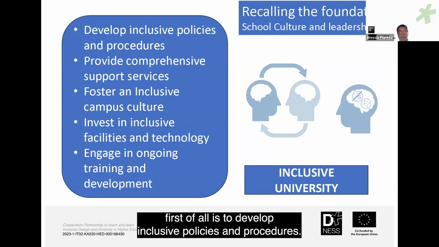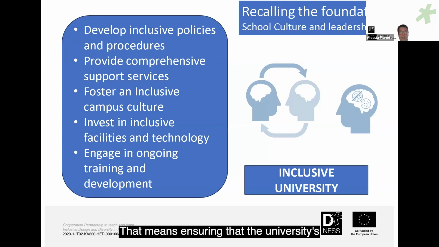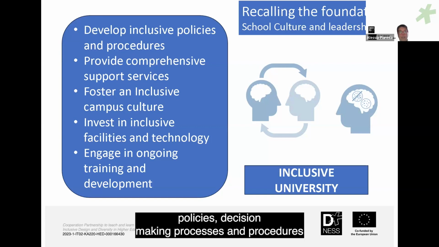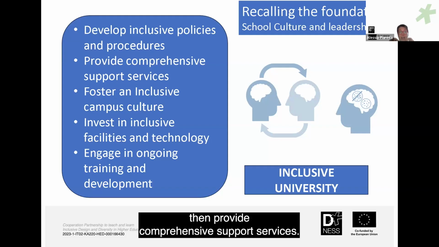First of all is develop inclusive policies and procedures. That means ensuring that the university's policies, decision-making processes and procedures actively promote and support inclusive practices. Then provide comprehensive support services.